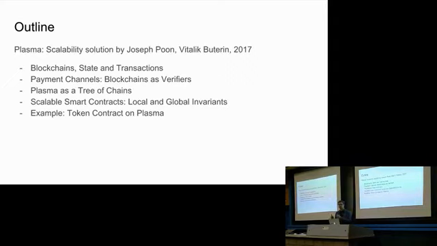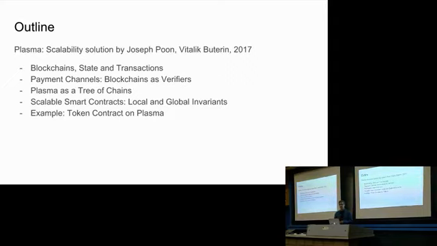And we will see that the blockchains only act as verifiers and not as processing nodes, and this is already a good start. And then we'll see how payment channels can be extended to be child blockchains and how this can be reiterated to create trees of blockchains. And that's what the Plasma system is about.